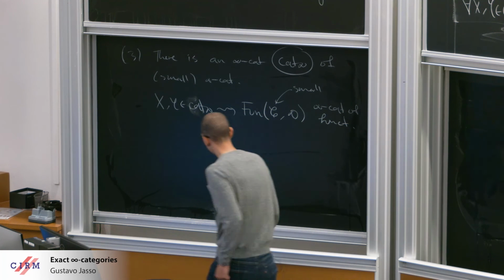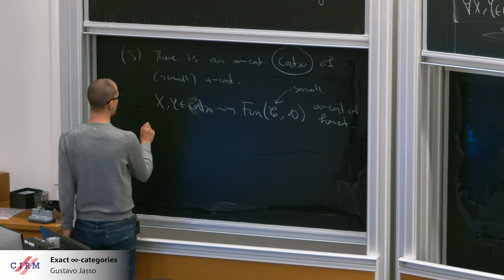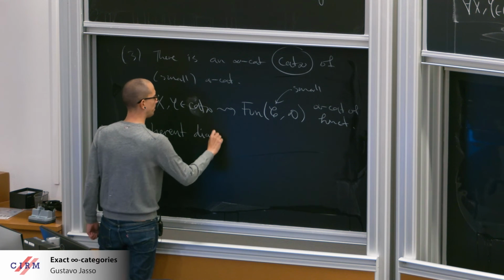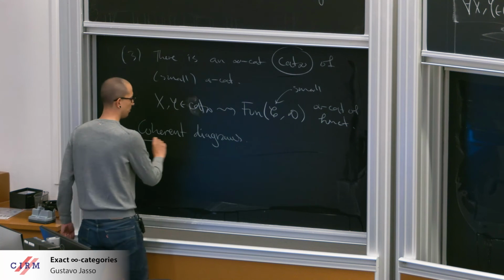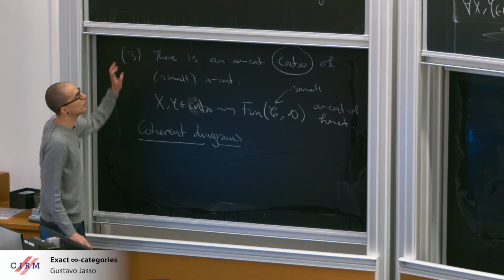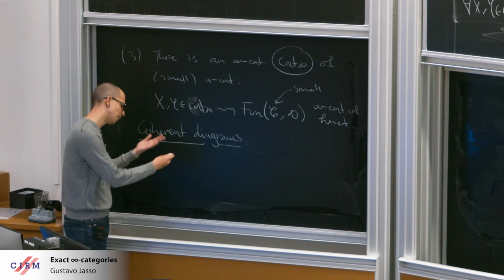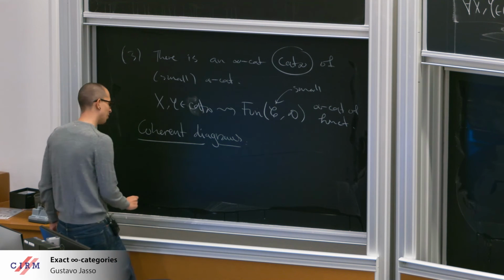In particular, I can look at coherent diagrams, which is maybe the first kind of novelty, or a very noticeable difference, between the theory of ordinary categories and that of infinity categories.